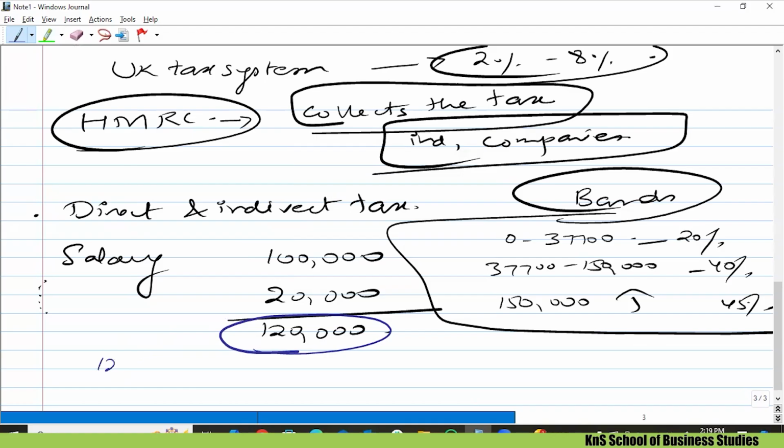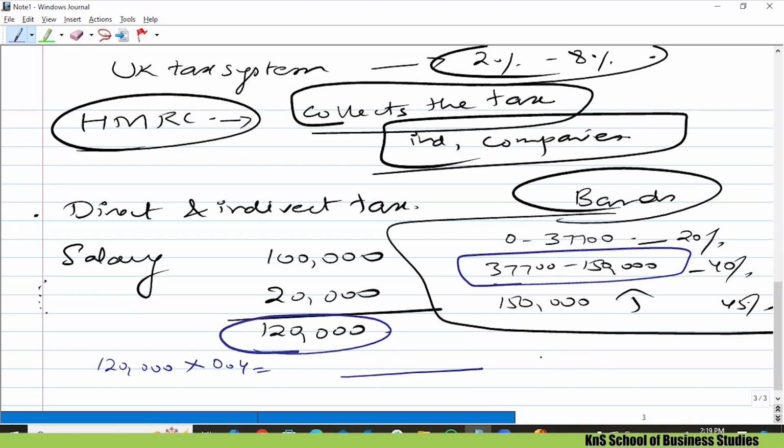If a student does this: 120,000 multiplied by, it says, okay, it's falling in this criteria, let's make it 40%. Now, what will be the answer? An answer would come up. This is the wrong approach. Tax calculation does not work like this.